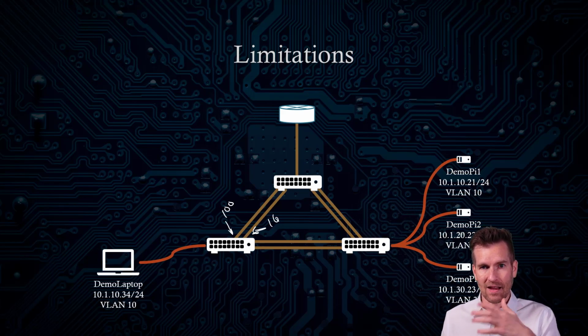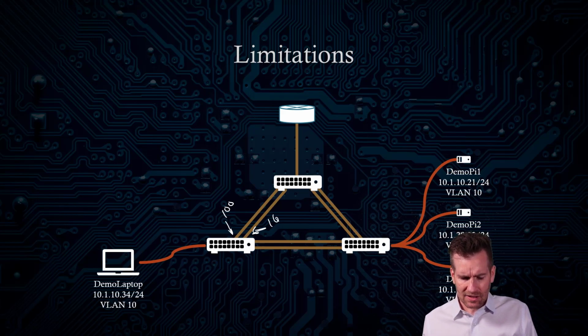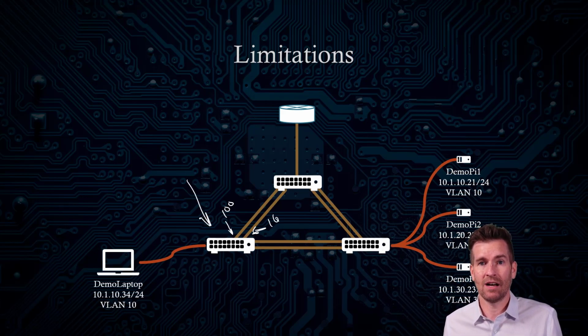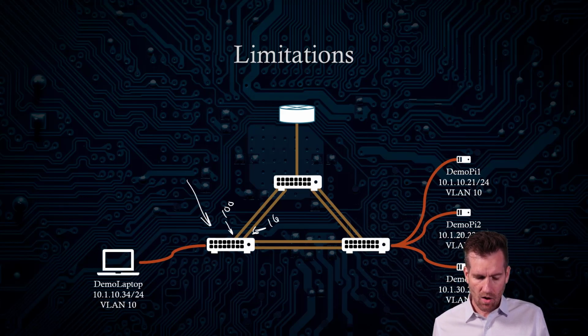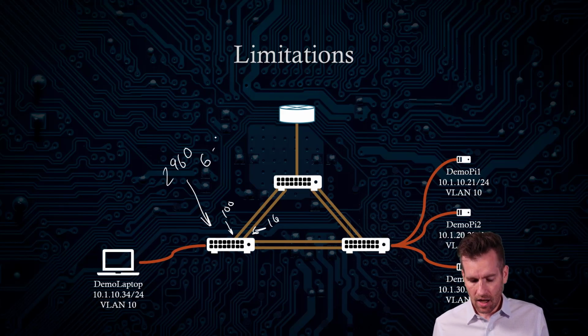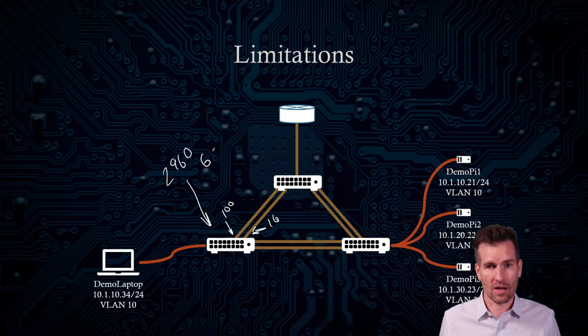They all have to be 100 meg or they all have to be a gigabit connection. Also, there's a limit on how many EtherChannels you can have on a single switch, or link aggregations on a single switch. For instance, a 2960 can only have up to 6 of these EtherChannels on a switch. So there are some limitations on how many of these EtherChannels or link aggregations I can create.